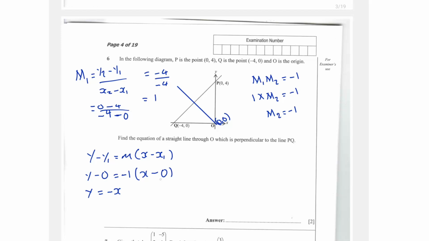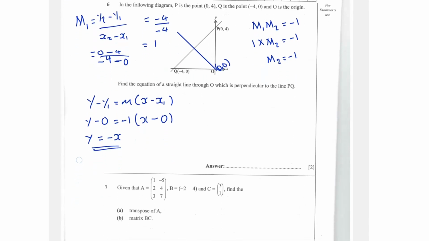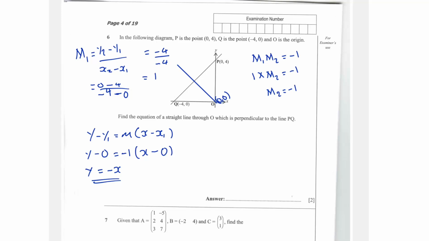And then -1 multiplied by 0 is just 0. So the other line that we are looking for is just y equals -x. So this is the other perpendicular line that we were looking for. We are done with this question. Let's move on and look at another question.